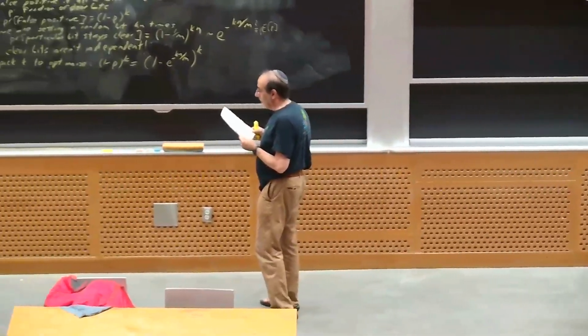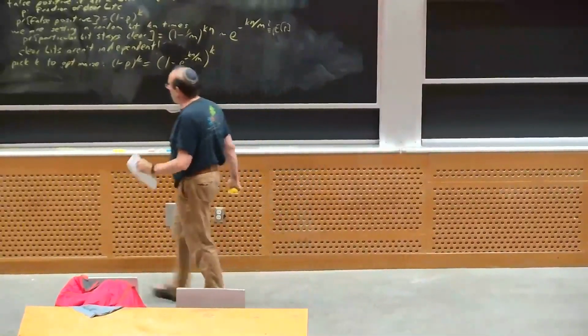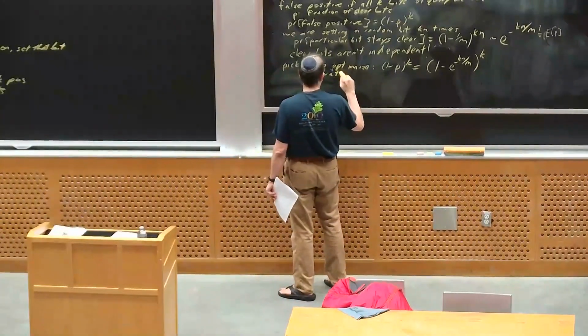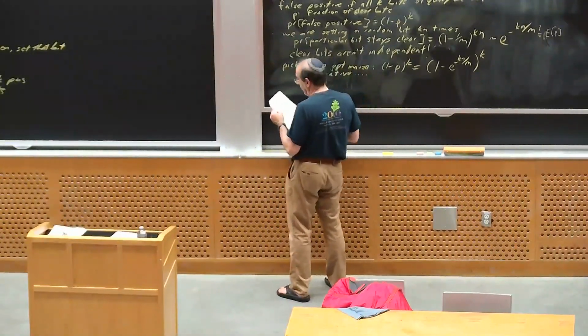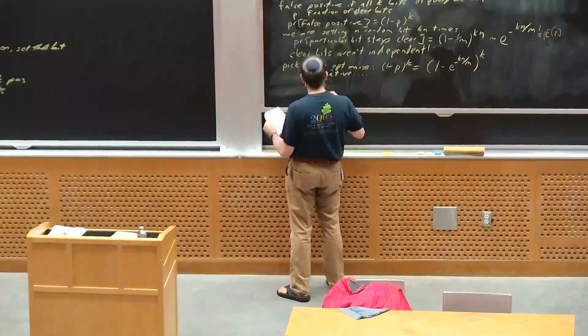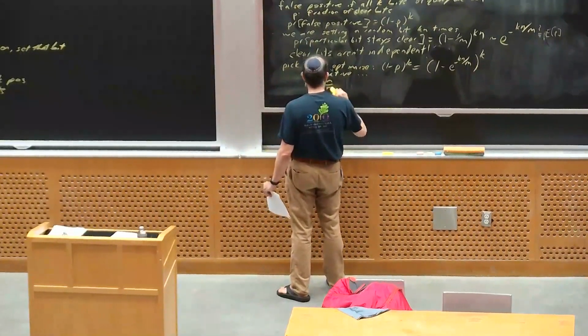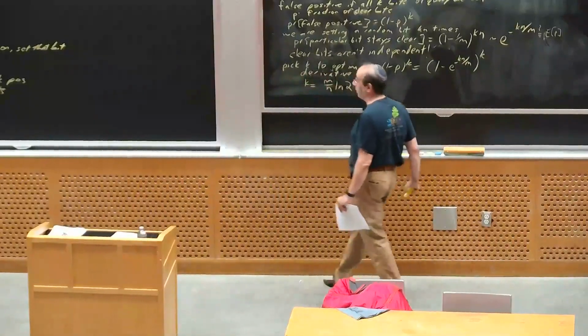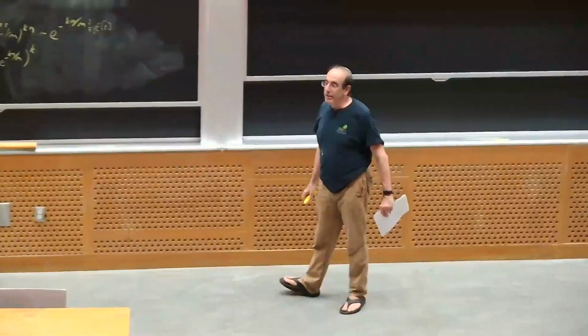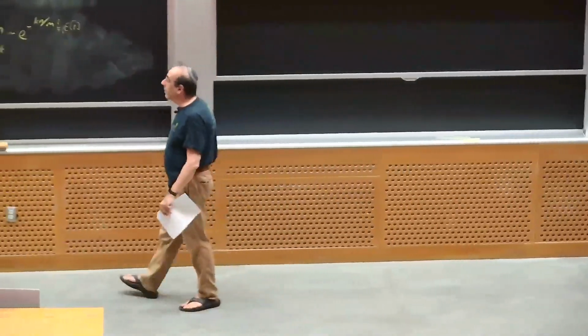Okay. All right. So if you do the obvious thing, you take the derivative and set it to 0 and so on and so forth. What you find out is that k should be set equal to m over n times the natural log of 2. Okay. Now that seems like a weird number.